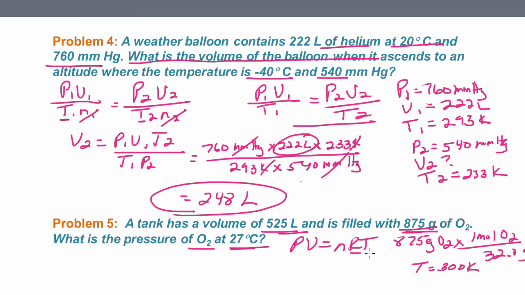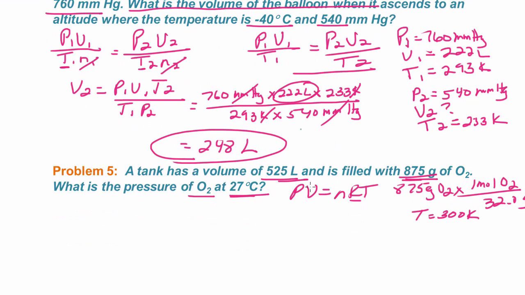And of course, R, 0.0821 liters times atmospheres per mole Kelvin. Let's set this up then. What I need to do is solve for pressure. So my pressure is going to be equal to nRT over volume.